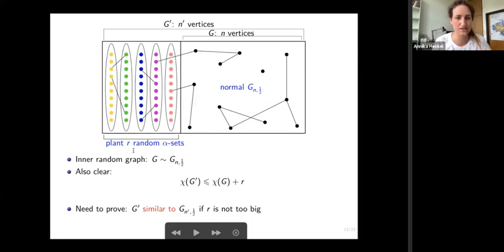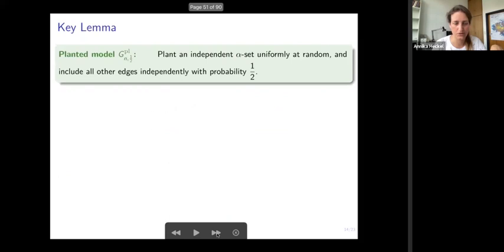So what's needed now is to show that if r is not too big, so if we haven't put in too many of these independent sets, then the outer random graph is still sufficiently similar to a G(n',1/2). Okay, how do we do this? The key lemma for this is, well, it's much easier to study the effect of just planting one independent set at random. So let's call this the planted model.